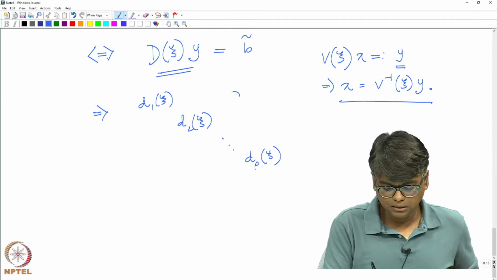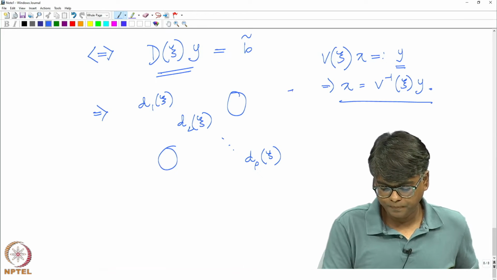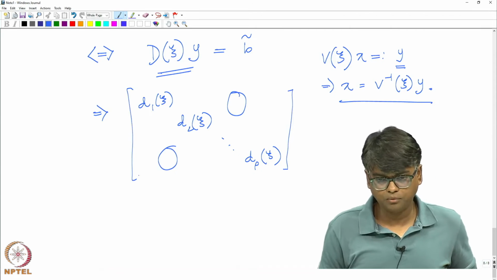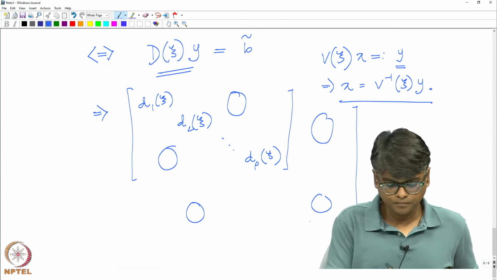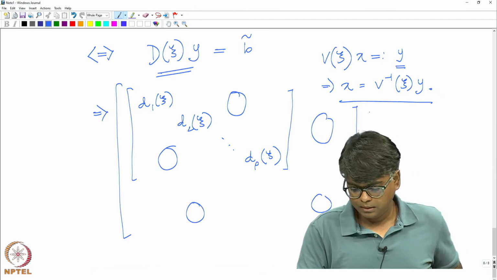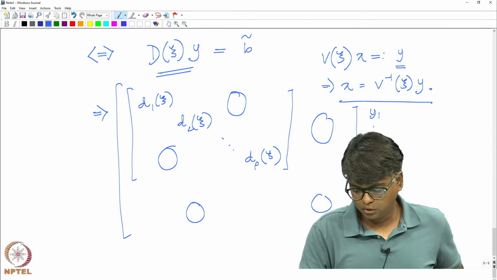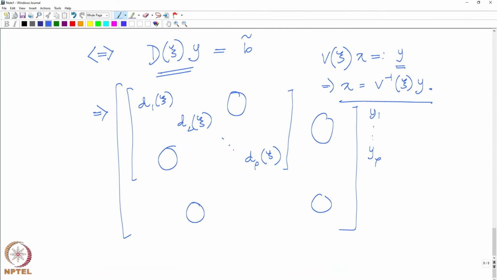D rho(ξ). This is a diagonal block, and the remaining blocks are all zeros. That acts on y1, y2, up to y rho, and y rho plus 1 up to y q. This is my y, and that should be equal to b tilde.